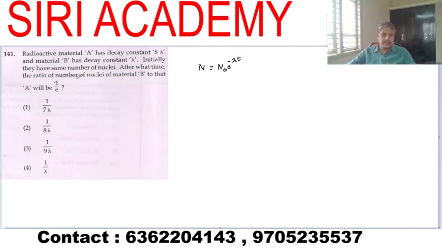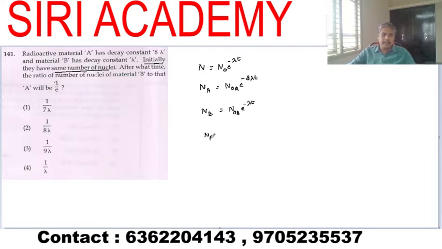So they have given the condition that initially both have the same number of nuclei. NA is equal to N naught A into e power minus 8 lambda t, and NB is equal to N naught B e power minus lambda t.